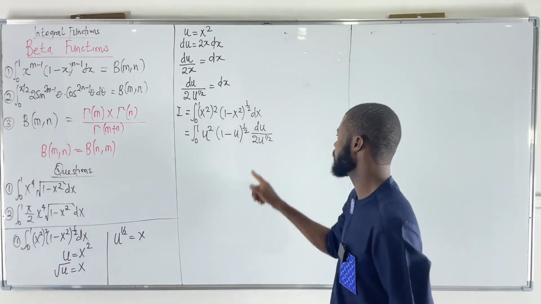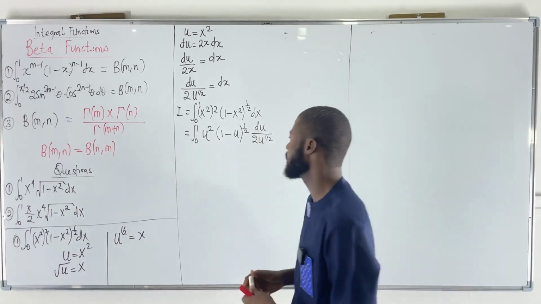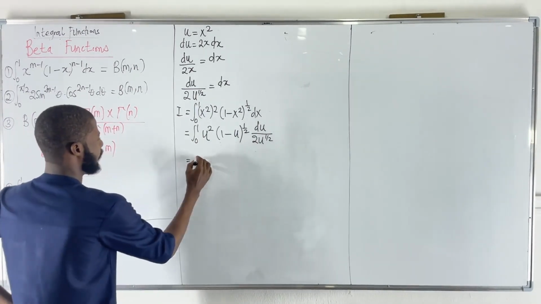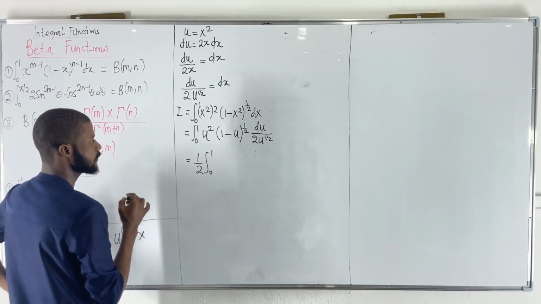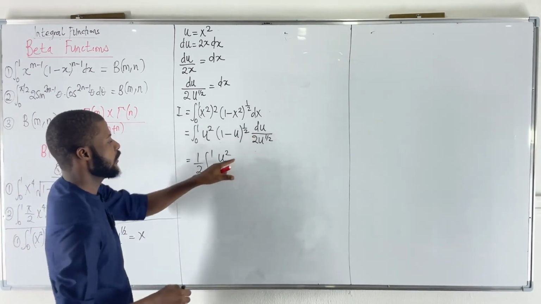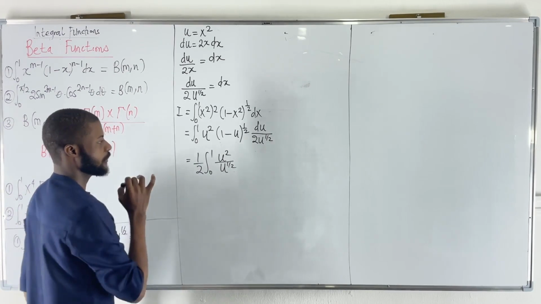It's kind of sweet. So let the 1 over 2 come outside. So that's going to become 1 over 2 times the integral from 0 to 1 of u squared. This is division, right? So I want to put the division here, to the power of half.